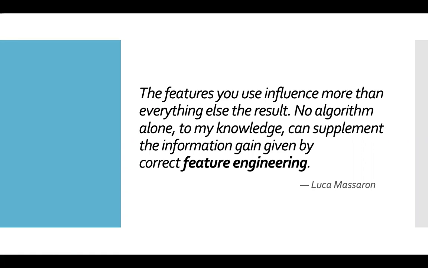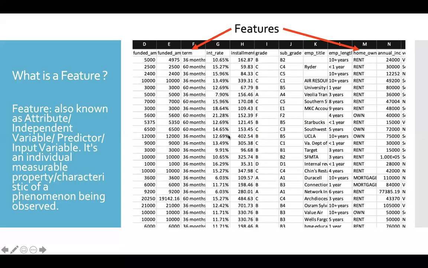Now, with that said, what exactly are features? Features are also known as attributes, independent variables, predictors, input variables, and these are the values or numbers given in the data in order to predict certain things.